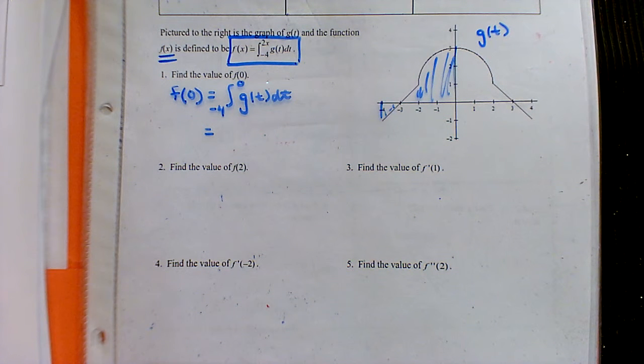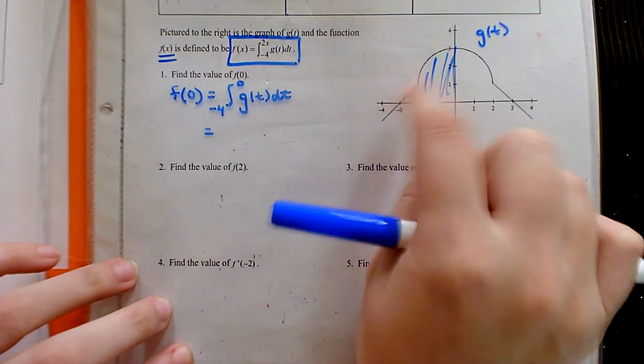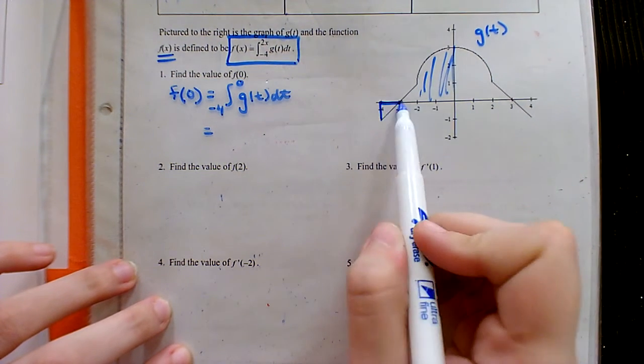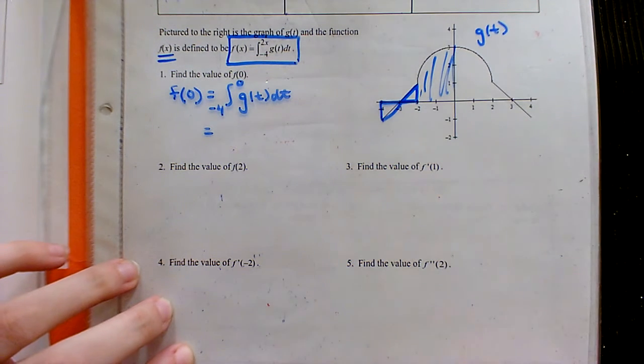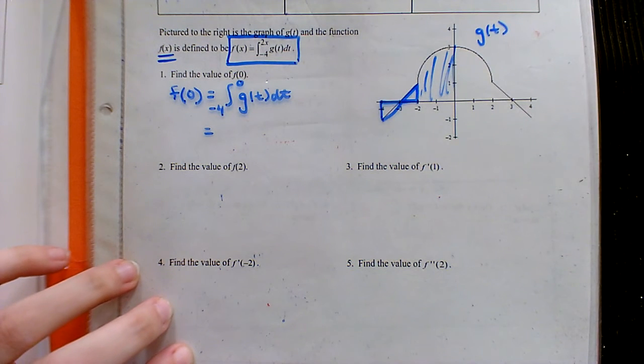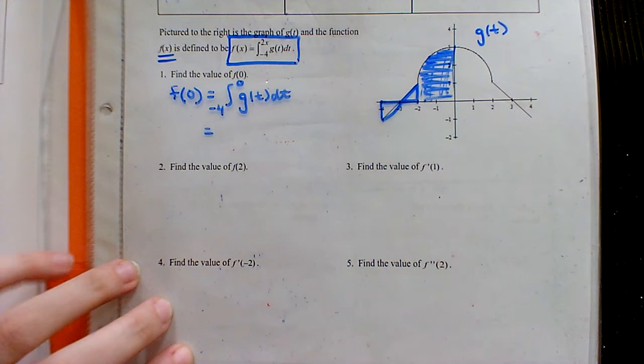How might you want to find the area? Yeah? Ignore the little two triangle parts because they cancel. Okay, so this triangle, which has a negative area, would cancel out this triangle of the same shape that has a positive area. So we just basically got to figure out this remaining area.